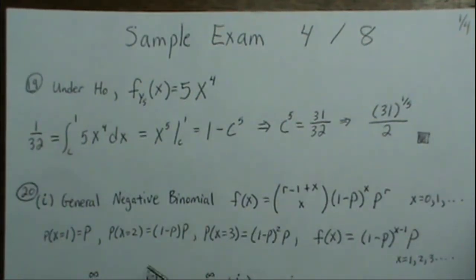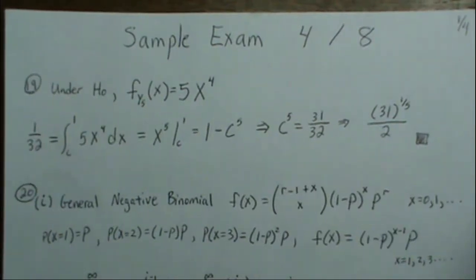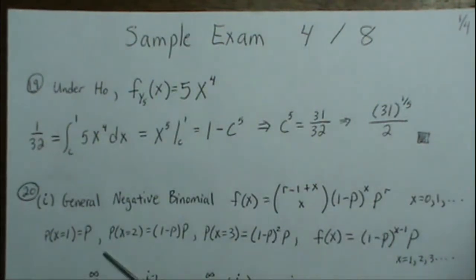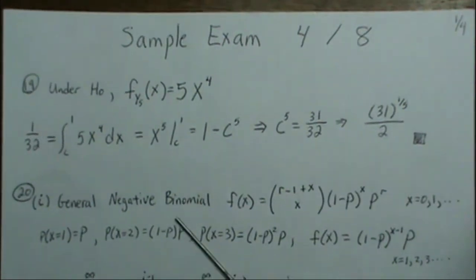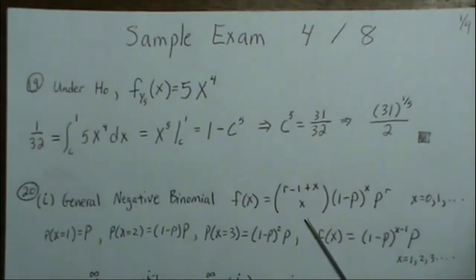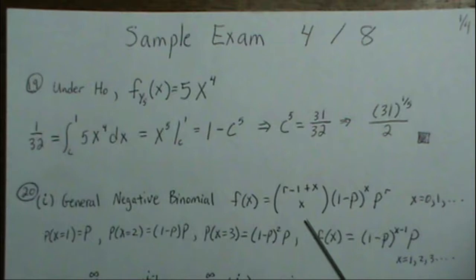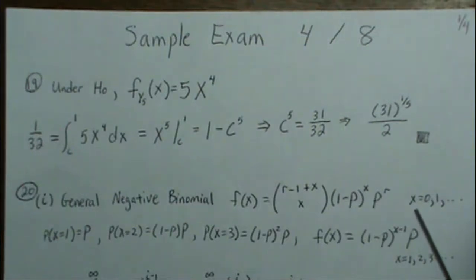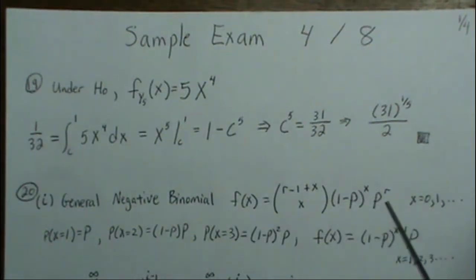One of the ways to do it, and whenever you're going to take expected values, and that's what the problem asks us, what's the expected value of x, is let's look at the general negative binomial. And this is one of 2 ways that it's usually written, and the next solution will use the other way, where x is the number of trials beyond r, where we're looking for r successes.